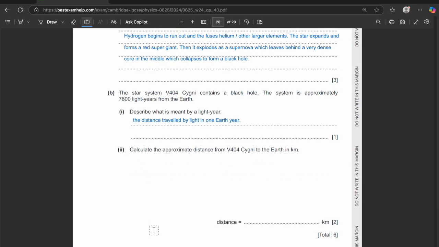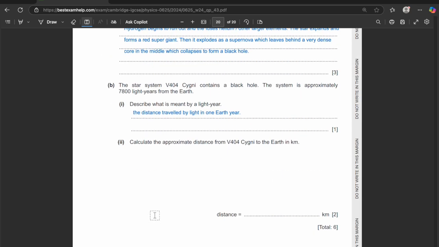To calculate the approximate distance from V404 Cygni to the Earth in kilometers, that's 7,800 light years.